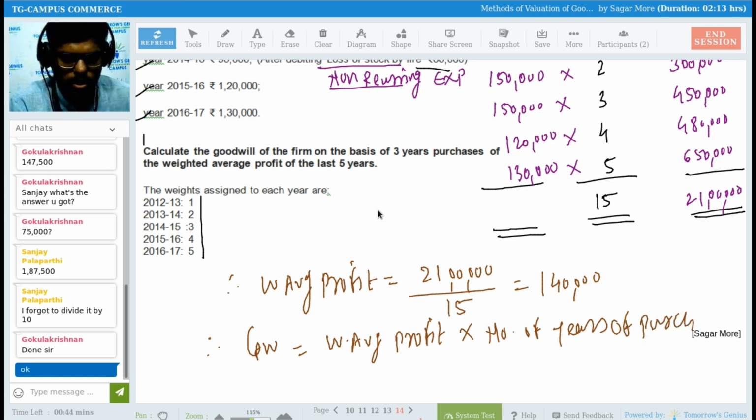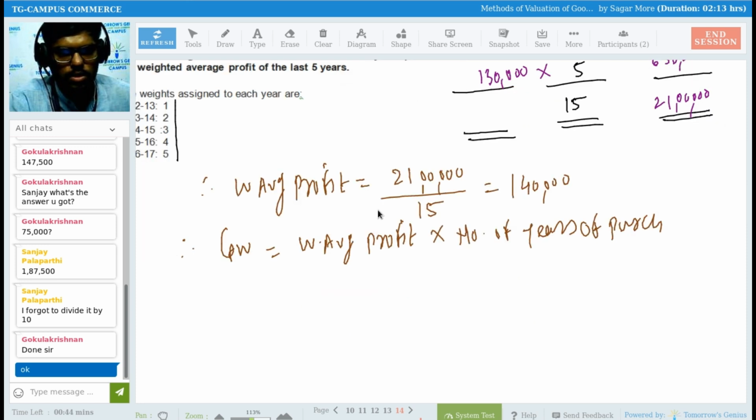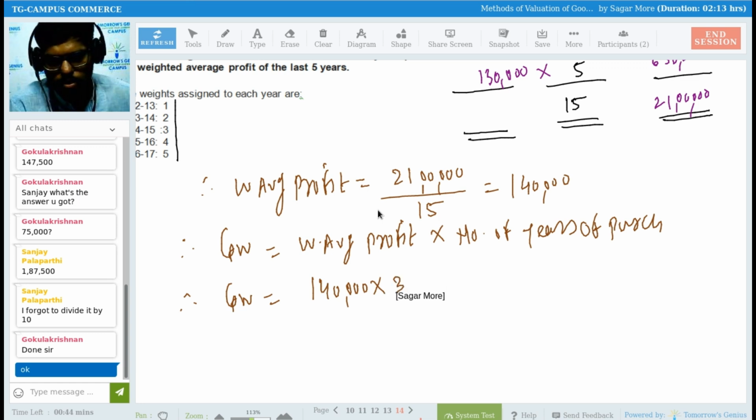The number of years of purchase given in the question is 3. So goodwill is equal to 1,40,000 multiplied by 3, the answer is 4 lakh 20,000. 4,20,000 is my answer for goodwill.